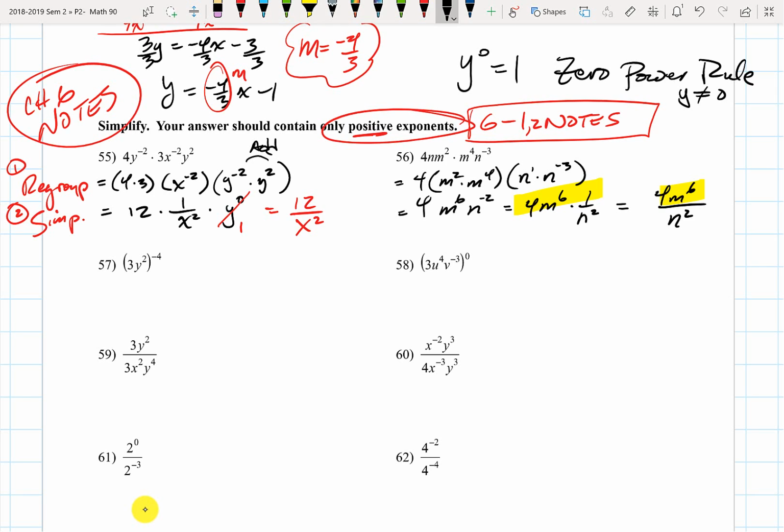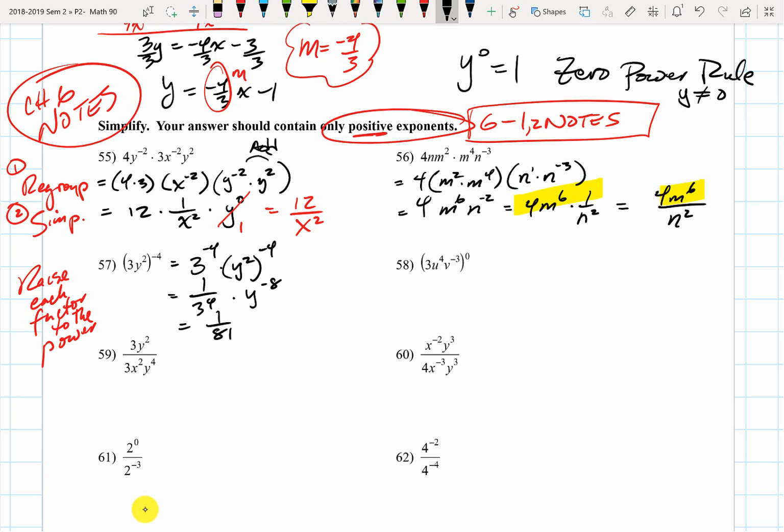This one here, you got to raise each factor to the power. That's the key idea. Raise each factor to the power. So this is equal to 3 to the negative 4 times y squared to the negative 4 power, which gives you 1 over 3 to the 4th times y to the negative 8 power, which is 1 over 81 times 1 over y to the 8th.